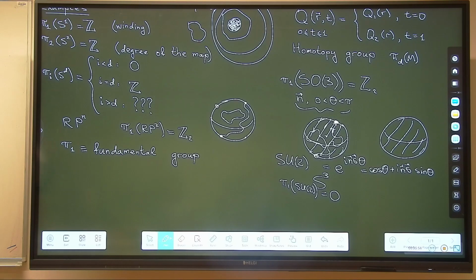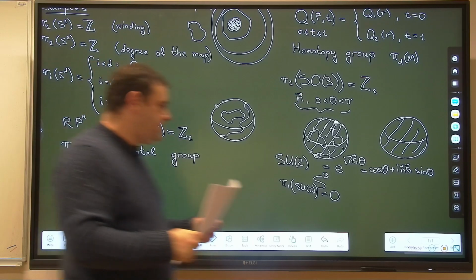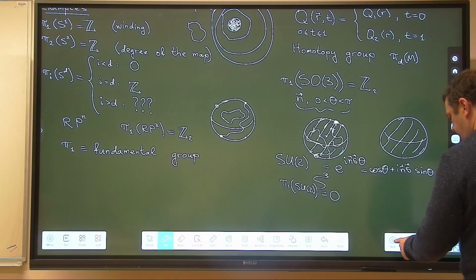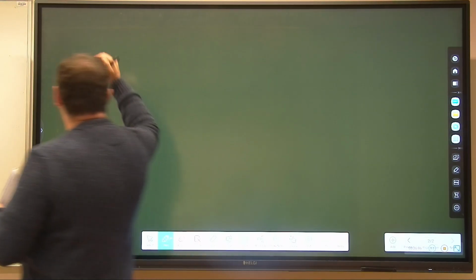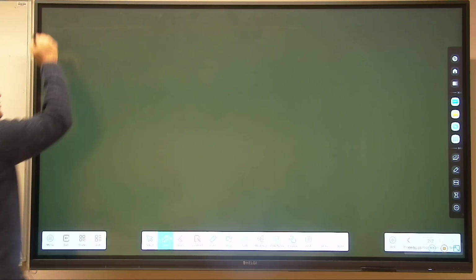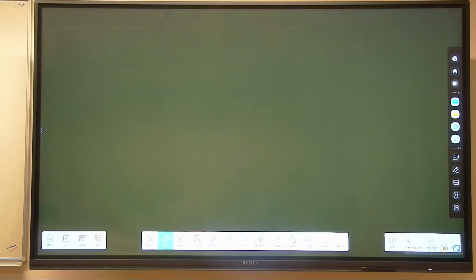Okay, so why do we need this whole thing? Because we want to make some physical application. And this physical application will be the following. We will study homotopy groups of the sigma model manifolds. We have these 10 manifolds. We have homotopy groups of them. We can ask what these groups are.